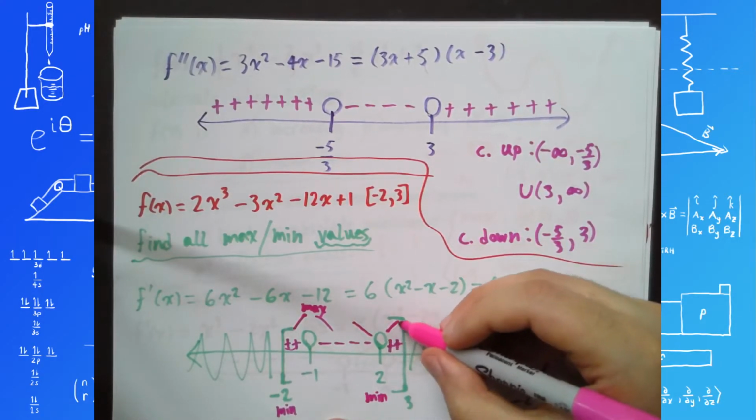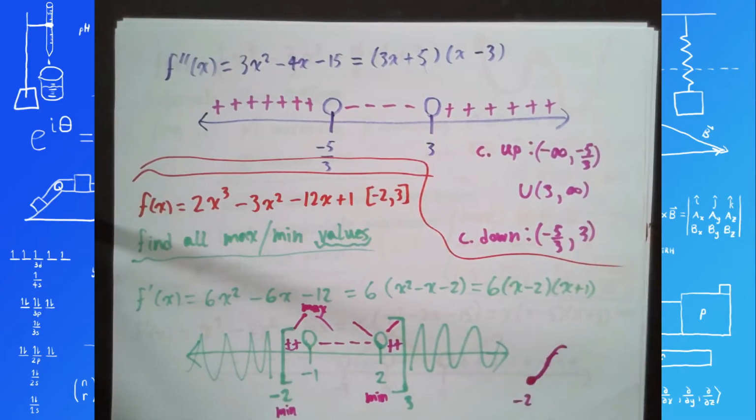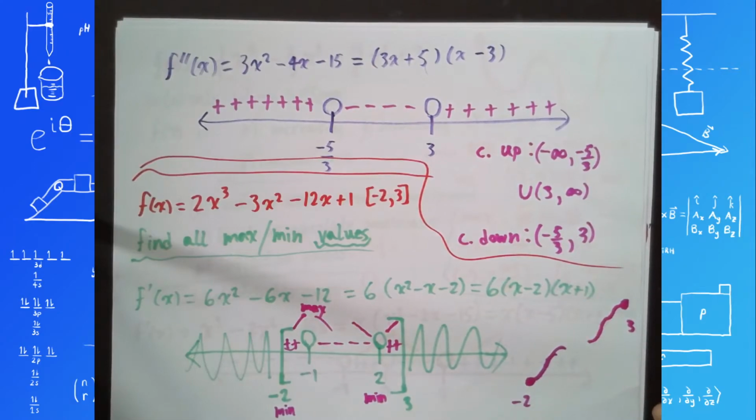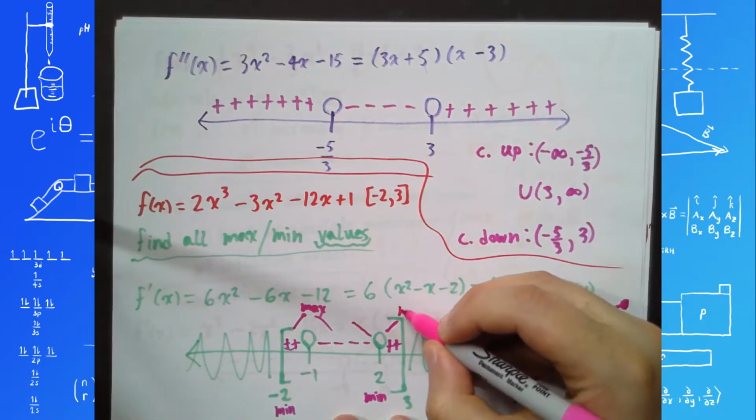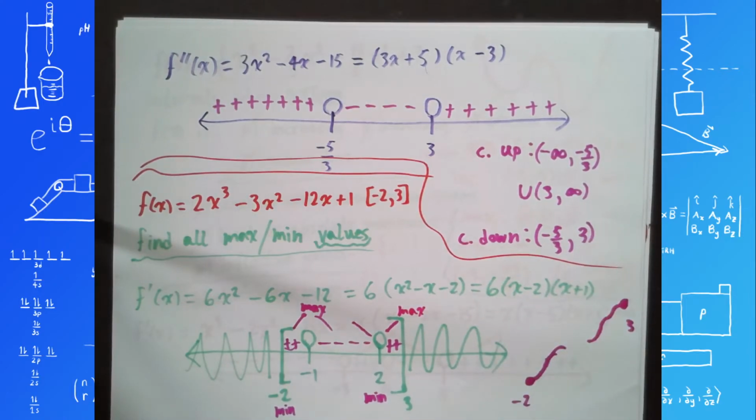And then we increased towards positive 3. So we've got another endpoint at positive 3. At x equals positive 3, we have an endpoint. And you increased leading up to it, which means all the values leading up to it were less than whatever the y value was at 3.